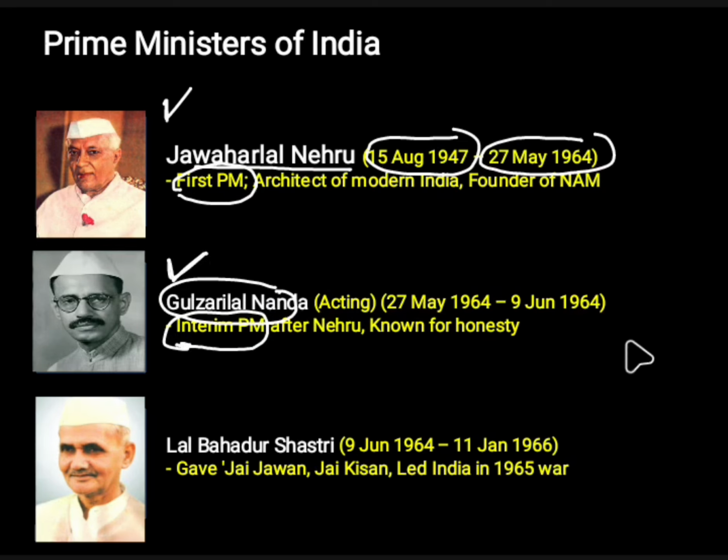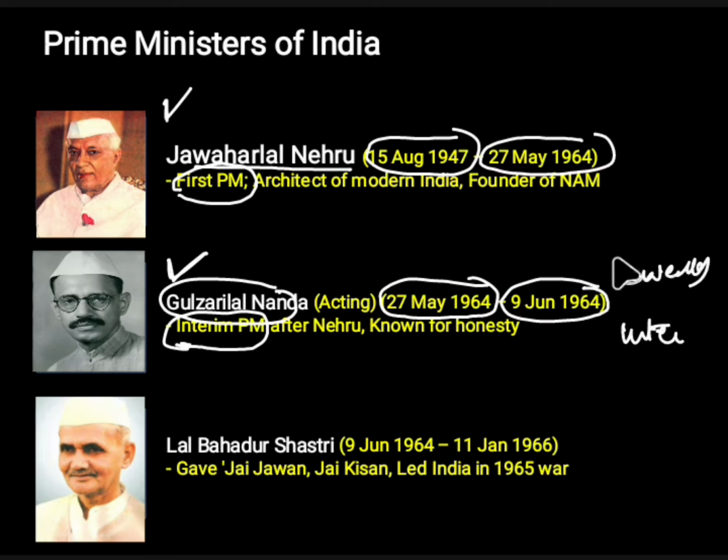So he is basically the interim PM for the duration of 27th May 1964 to 9th June 1964. Around 2 weeks he served as the Prime Minister. And the third Prime Minister, in the first term of Jawaharlal Nehru, the Indo-China War happened.